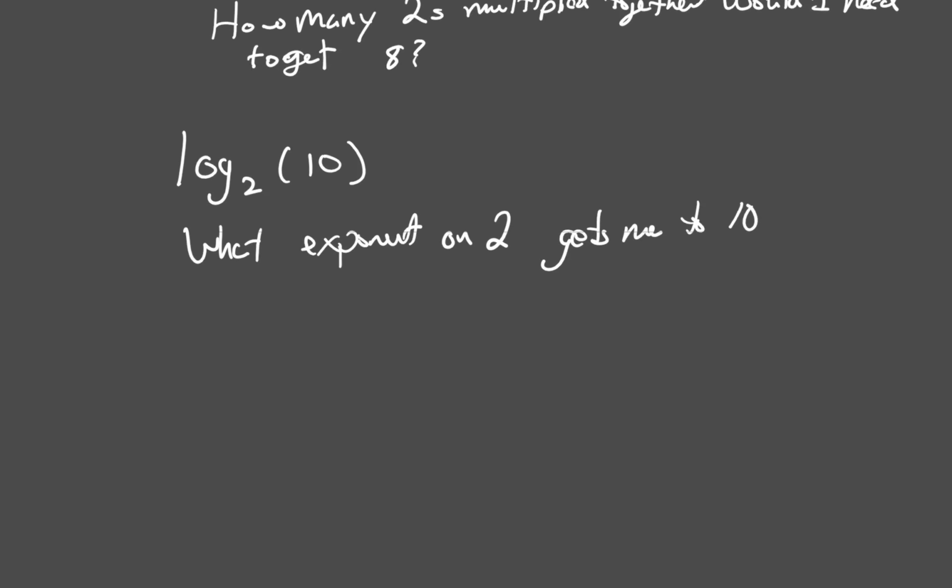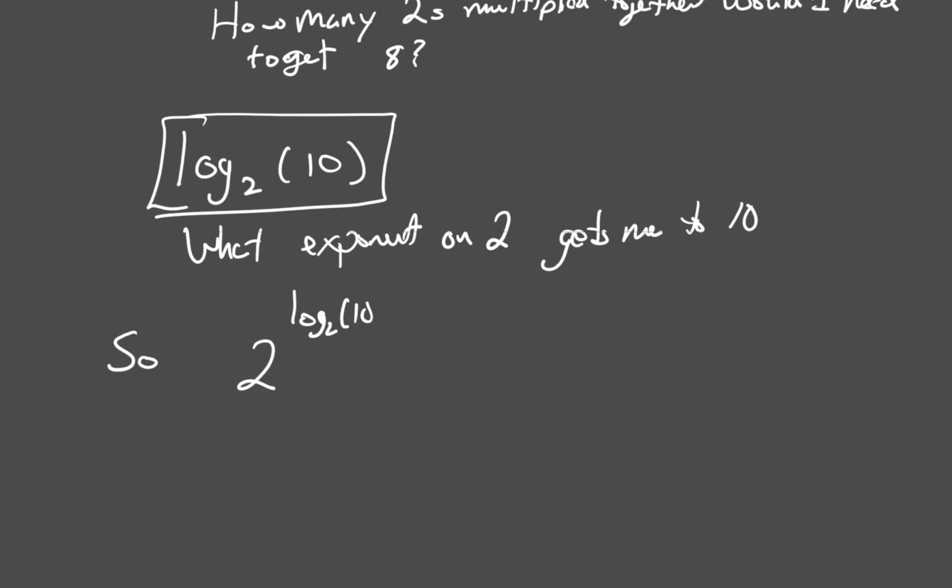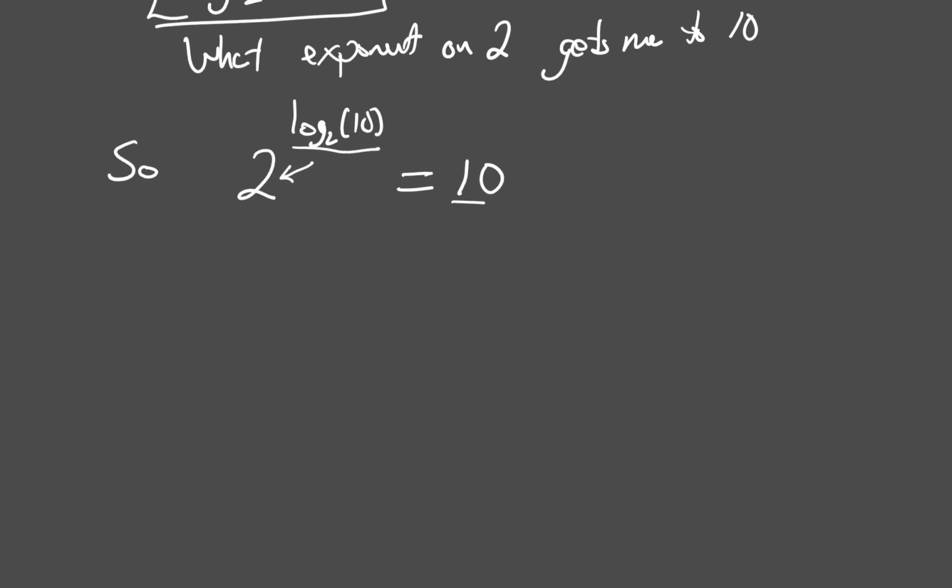But whatever that exponent is, we can write it as log base 2 of 10. That is the exponent I would put on 2 to get to 10. So 2 to the log base 2 of 10, if I asked you that question, you just tell me it's 10, because this is the exponent I have to put on 2 to get to 10. Sort of silly when you say it that way, but that's how that is.